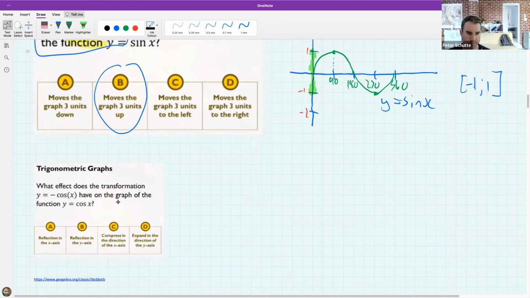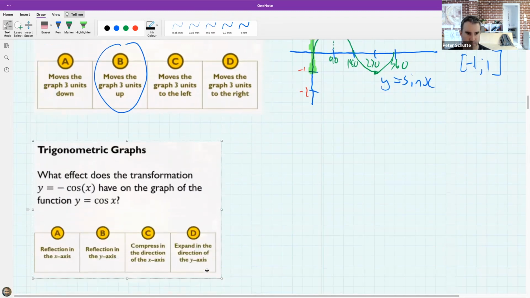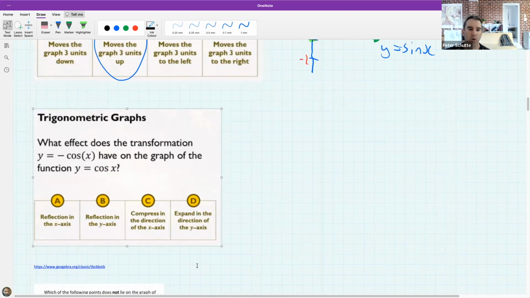Okay, next question. What effect does the minus cos x have on the graph of y equals cos x?